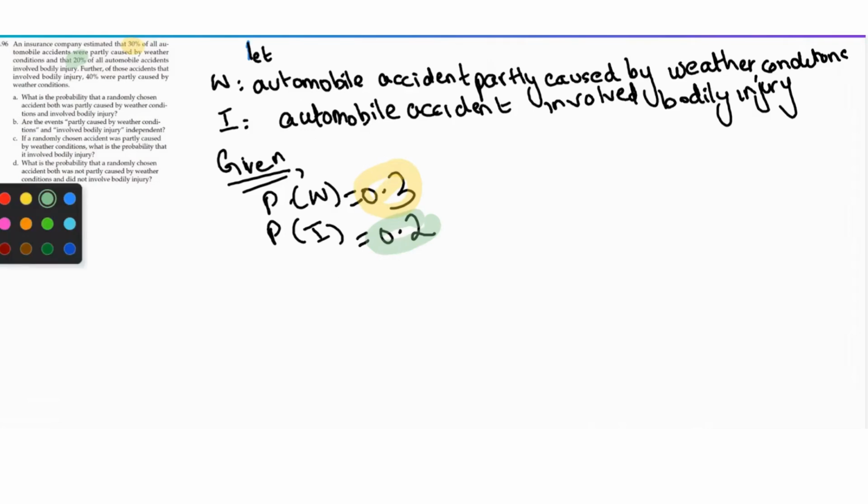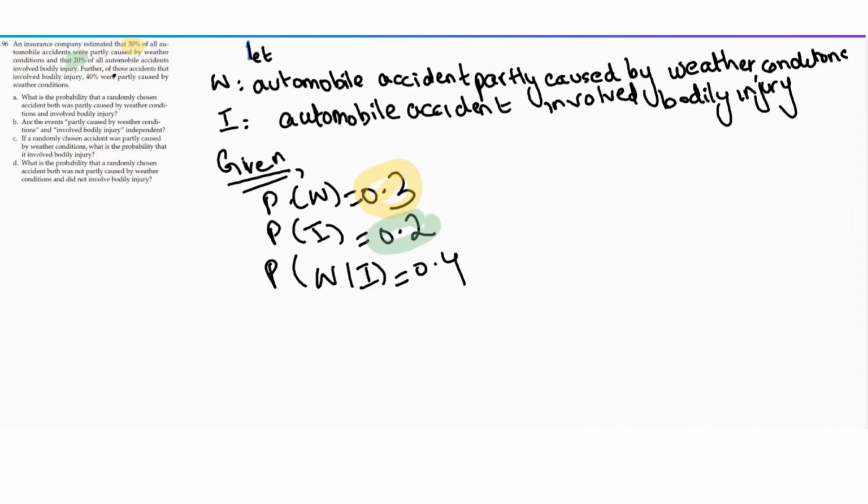Now we're also given a conditional probability. We're told that of those accidents that involve bodily injury, 40% were caused by weather conditions. So we're given probability of W given I is 0.4. Because it says of those accidents that involve bodily injury, you're given that there is bodily injury.